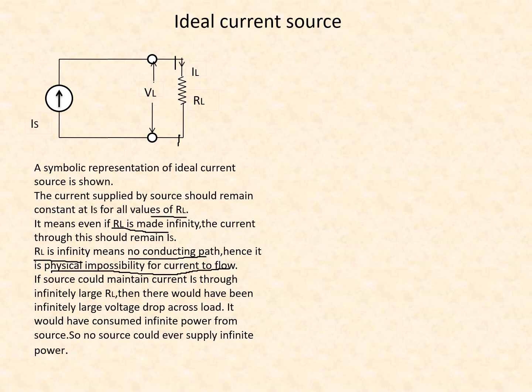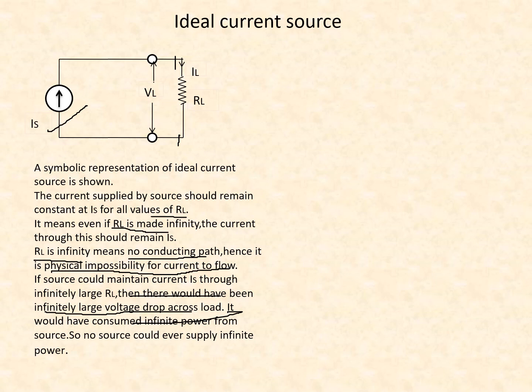If this source wants to send the current, even if it is infinity, then there would have been infinitely large voltage drop across it. And it would have consumed infinite power from the source. So when we make RL infinity, then source has to supply infinite power.